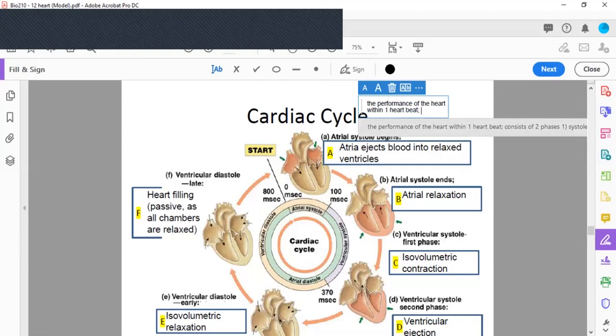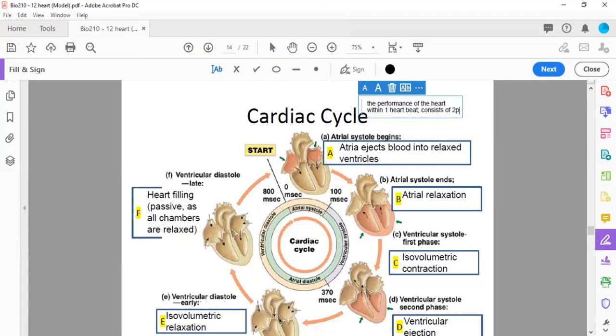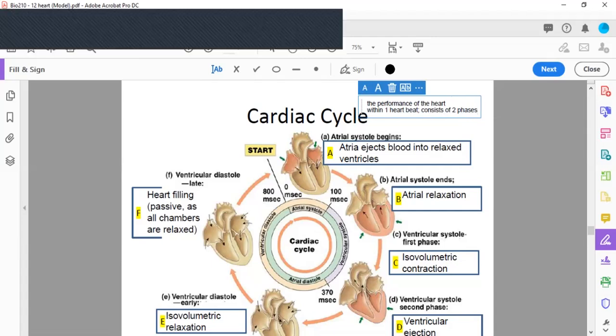The cardiac cycle consists of two phases, systole and diastole. So once again, the cardiac cycle is defined as the performance of the heart within one heartbeat, and the cycle consists of two phases, systole and diastole.